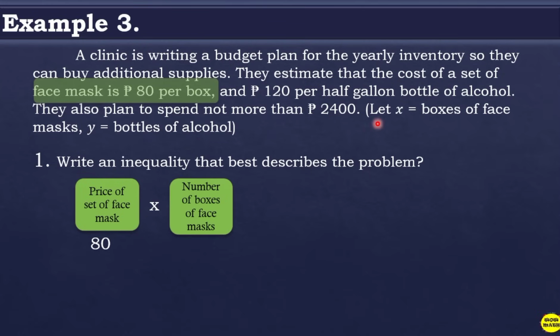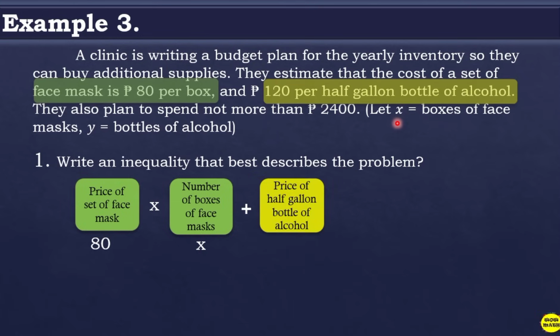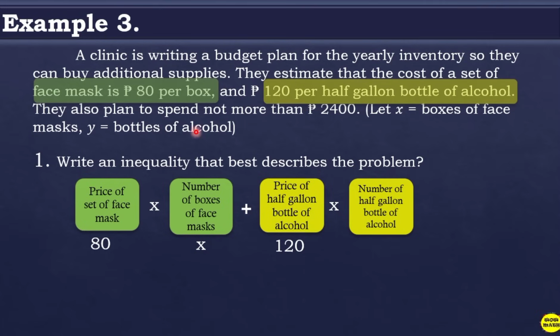So, since ni-represent natin yung box as X, so this is X. Plus, yung price ng ating per half gallon of alcohol, that is 120. Ita-times natin siya kung ilang alcohol na mabibili, kung ilang bote. So, i-represent natin siya as Y.